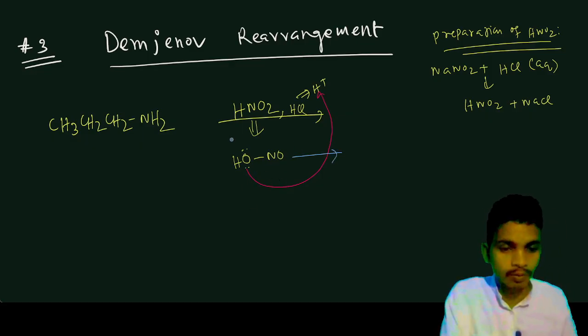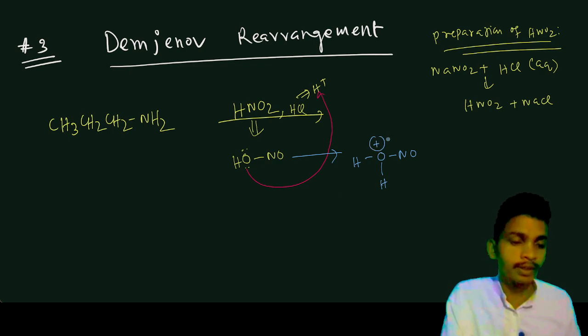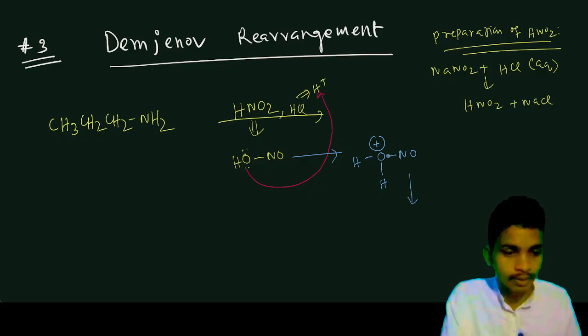What we get here is NO and O with H, one lone pair having attacked H, and here we have a positive charge. Water is a good leaving group, so it leaves, taking the lone pair of electrons, minus H2O.